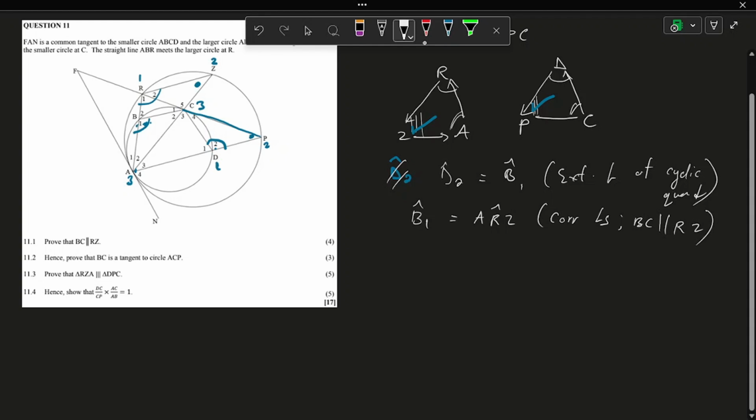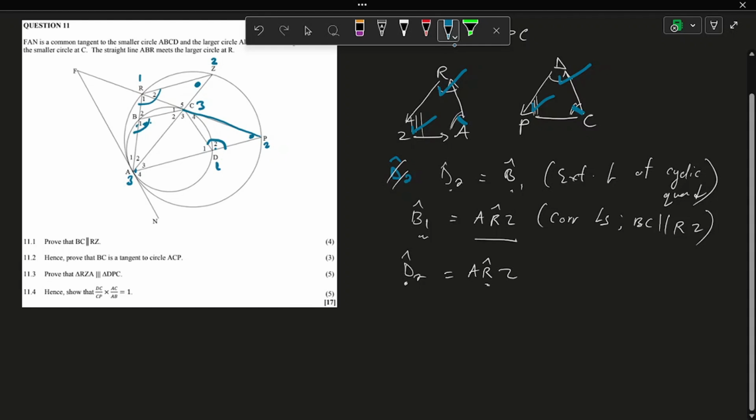So B1 is equal to ARZ. So if B1 is equal to ARZ and B1 is equal to D2, this ultimately means that D2 is equal to ARZ because they are both equal to B1. So the D and the R, we found that they are equal. So in our contextual triangles, we found that R is equal to D. So the third angle will obviously be equal to each other.